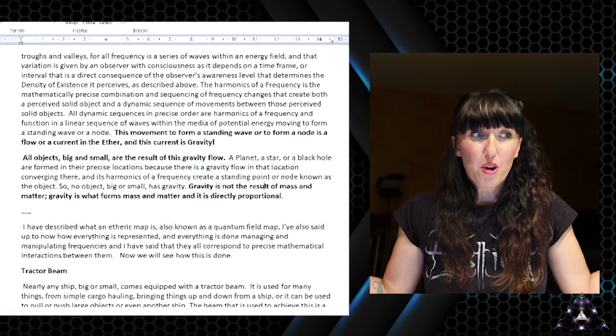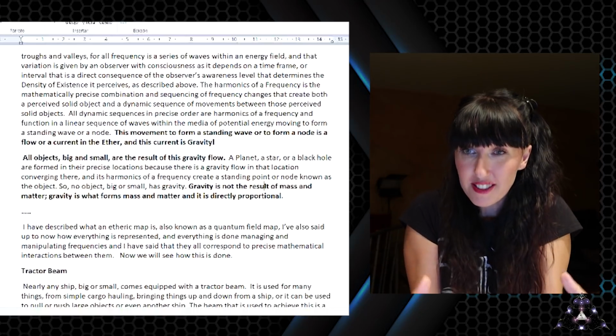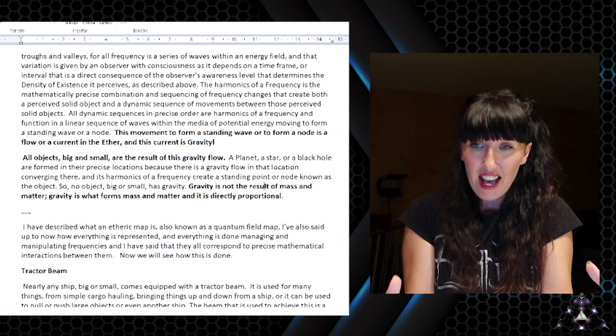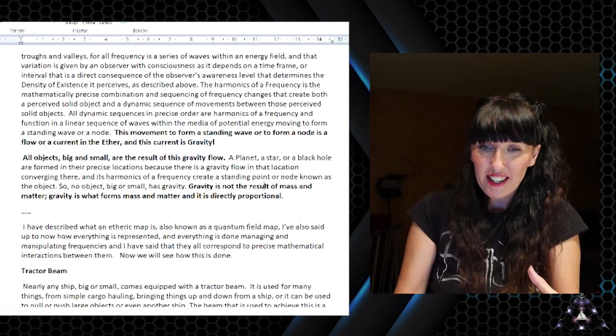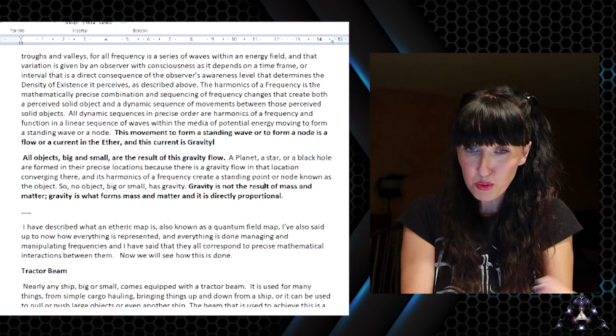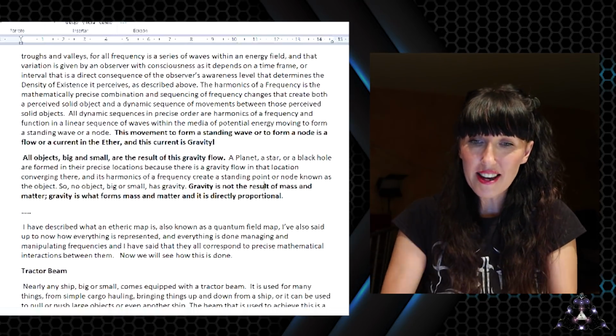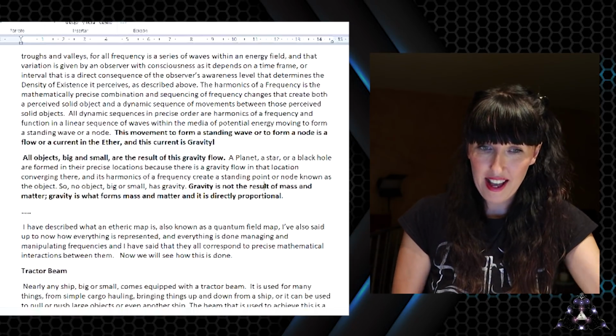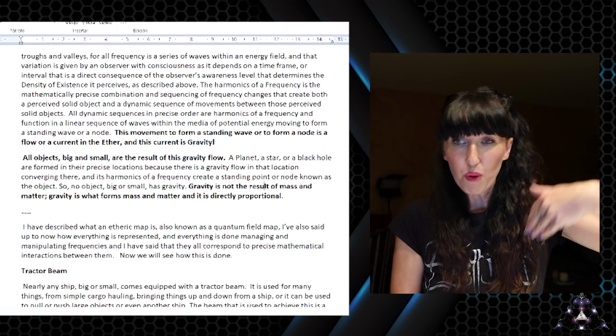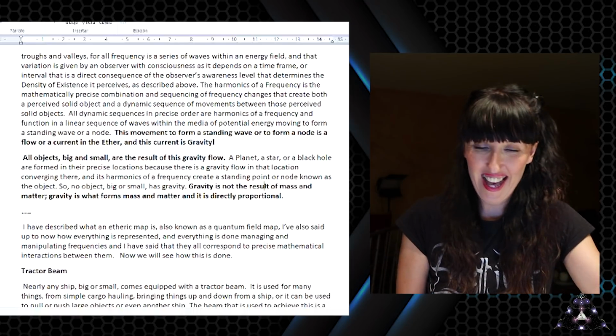It is what actually creates the objects and the mass of the objects. And this was surprising to me: gravity is not the result of mass and matter. Gravity is what forms matter and mass.